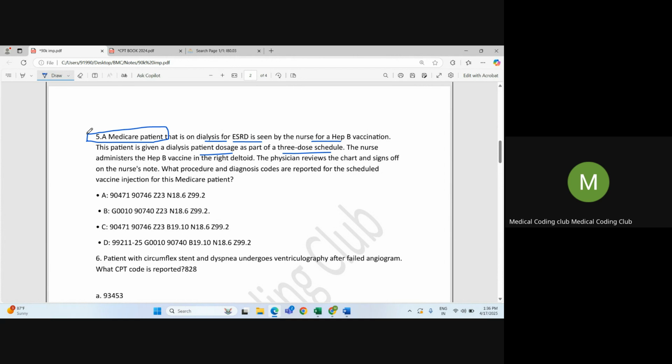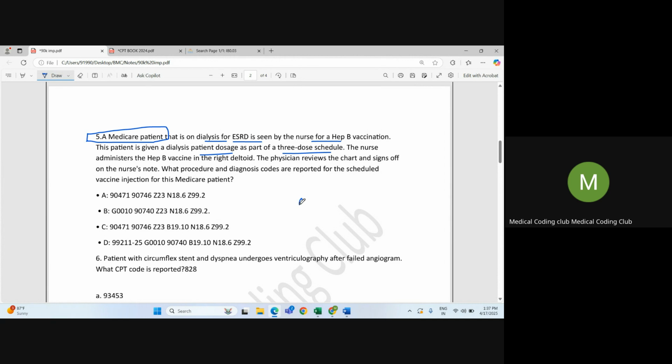It can be hepatitis, or pneumococcal vaccine, or influenza vaccine. We don't use our CPT codes, this CPT we don't code from the 9 series. Instead, we should code from the HCPCS section. That is the G series code we will utilize for hepatitis B vaccine, pneumococcal and influenza.